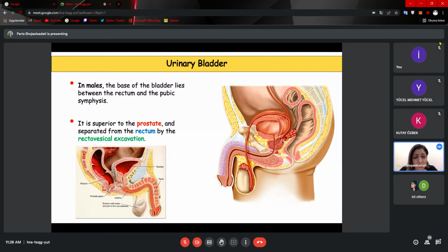It's located superior to the prostate and separated from the rectum by a peritoneal pouch, as I mentioned before. This pouch here is named the rectovesical excavation or rectovesical pouch. It's the deepest point of the peritoneal cavity.